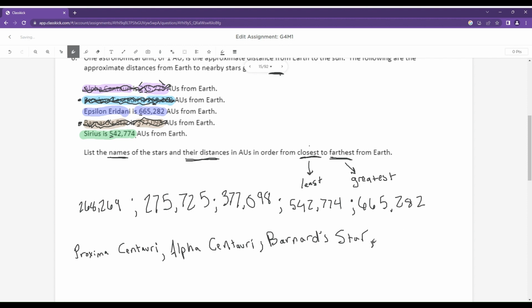And again, that would be Sirius and Epsilon Eridani is the furthest distance from Earth.